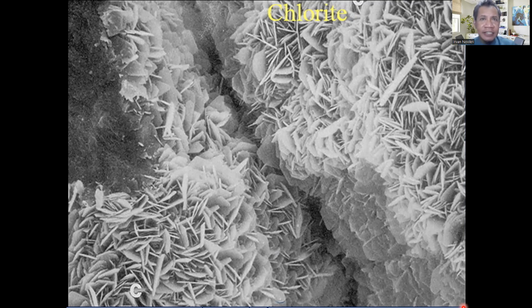Going back to the acid sensitivity, this is what chlorite looks like up close. Think about clays, they have a huge surface area to volume ratio.